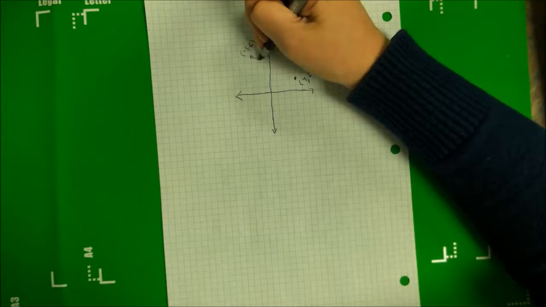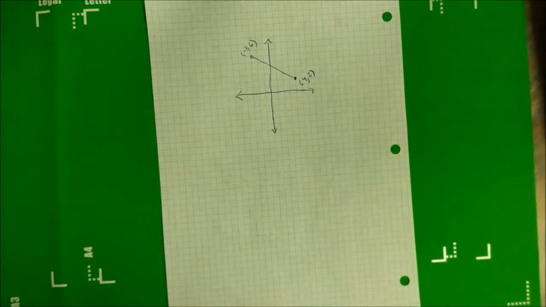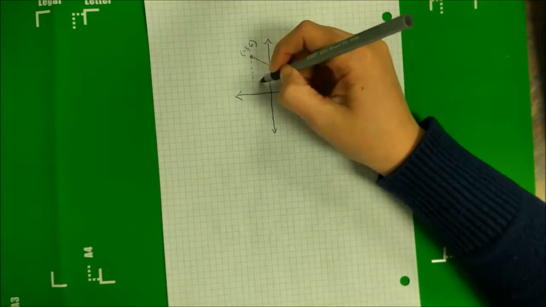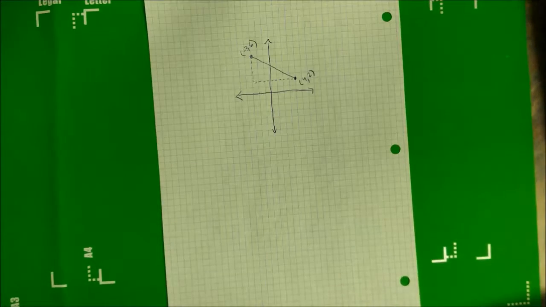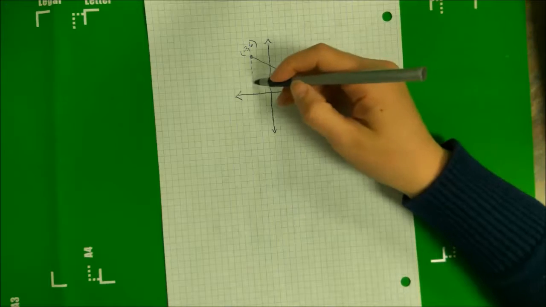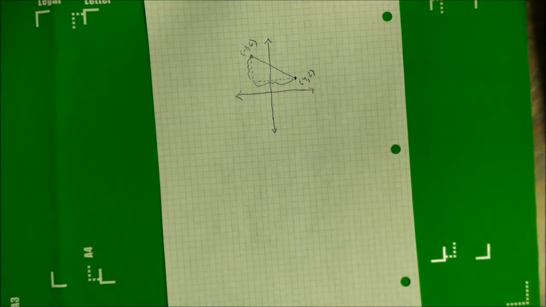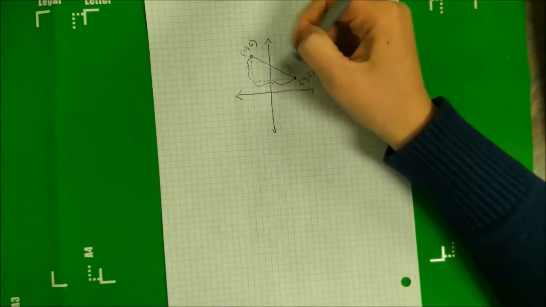I wanted to know the length of this line. Well, what I would do is I would actually make a right triangle. And I would figure out what this length is and what this length is, and then use the Pythagorean theorem to figure out this length.